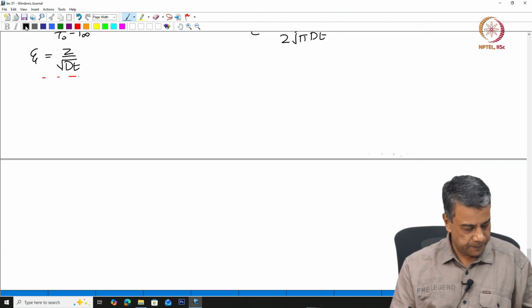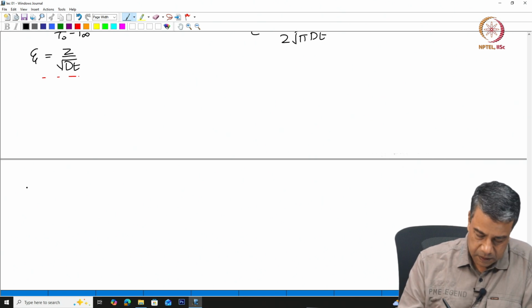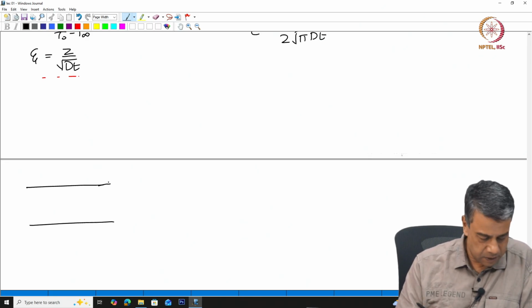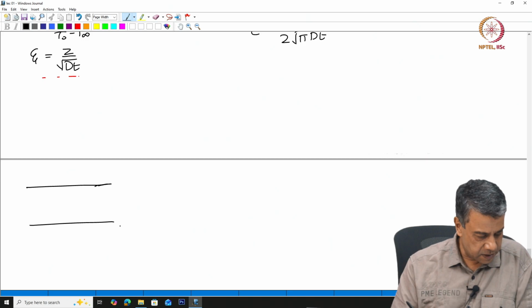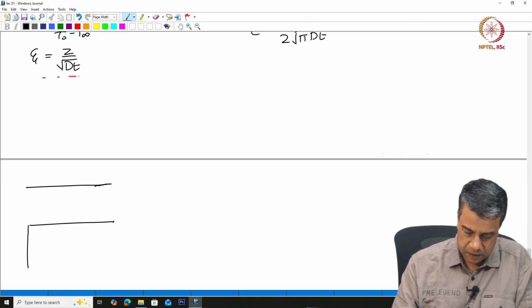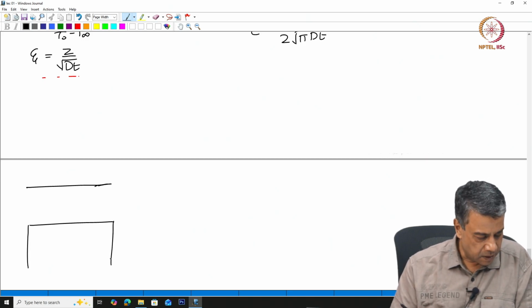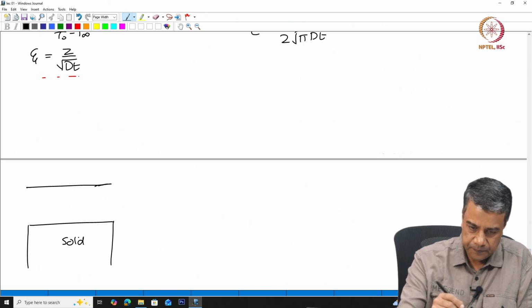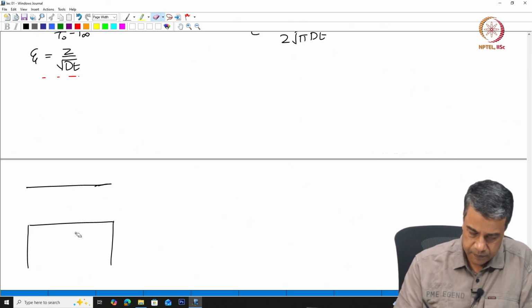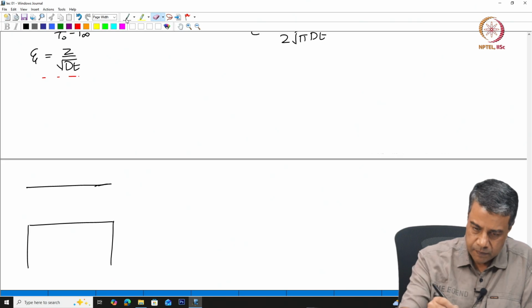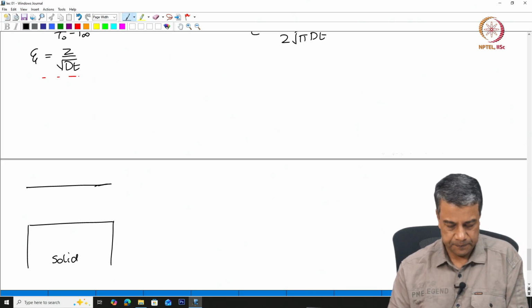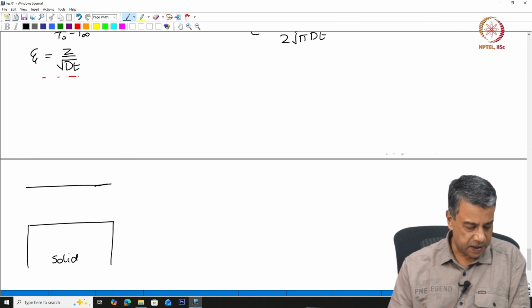We have a solid block, let us say of metal, which is getting heated.